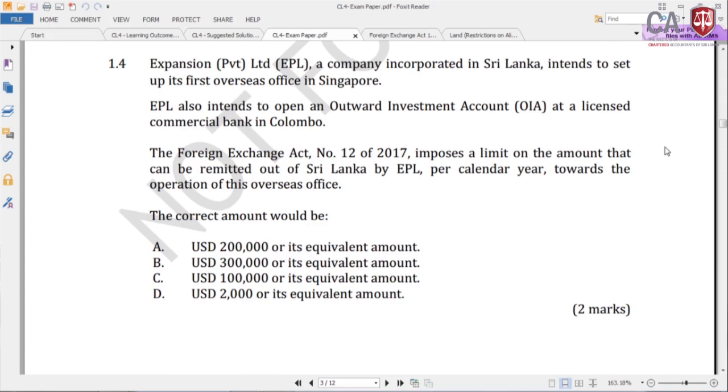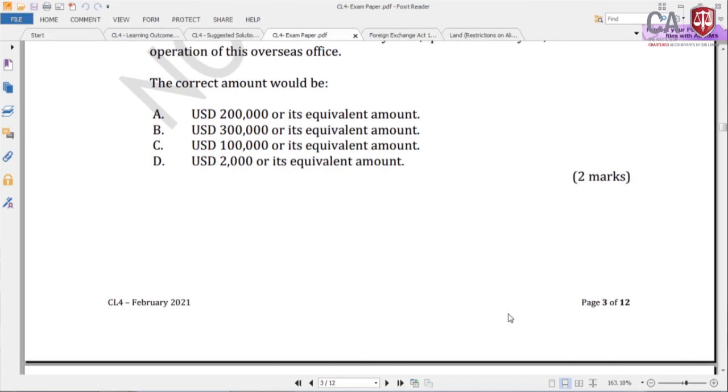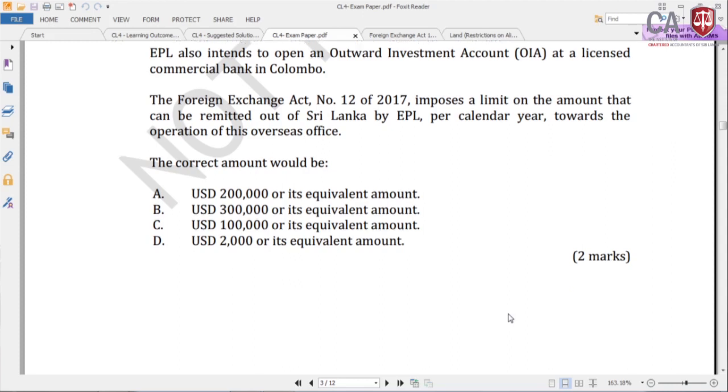So here the answer to the question is B. The amount is 300,000. This particular amount has not been given in the act, but in accordance with the regulation that has been gazetted, this amount has been set forth, because from time to time it can change as per the decision of the Monetary Board. The amount can be changed, so that is why at present the amount that is given is 300,000.